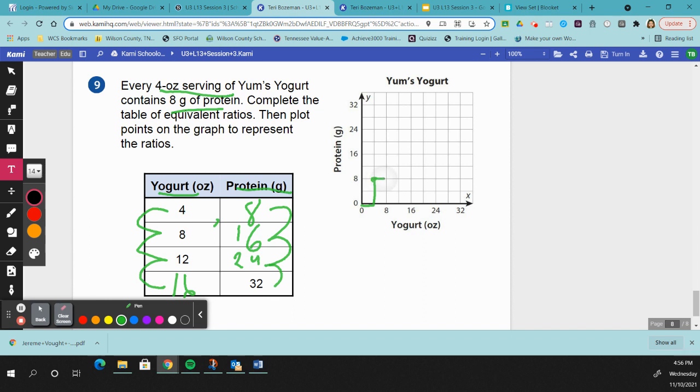So over 4, up 8, over 4, up 8, over 4, up 8. So I could keep going, plotting all of my points along the way, following that pattern of over 4, up 8. So make sure that you do answer that question as well in your practice.